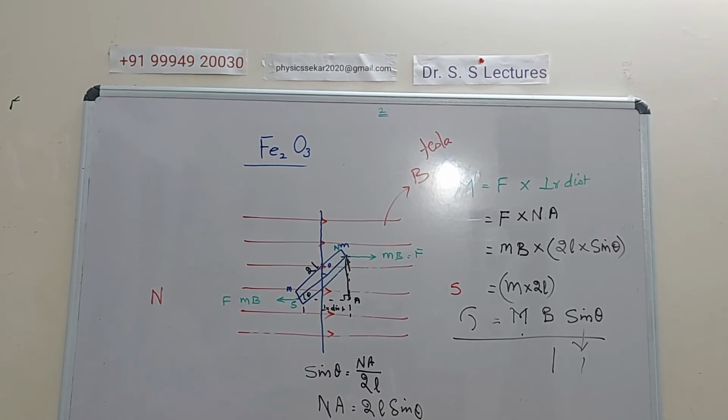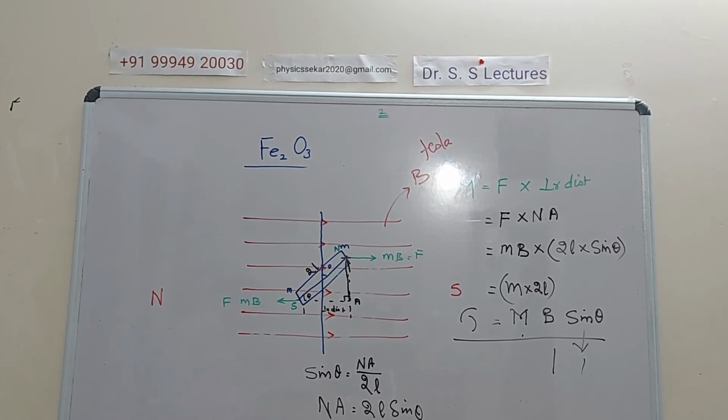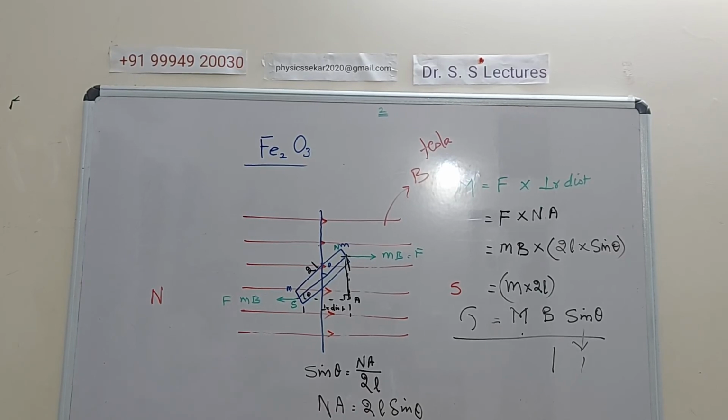How come 10 power minus 7? We find that 4 pi into 10 power minus 7, mu 0 by 4 pi is there. All these configurations are trying to provide these aspects. So try to remember, you should try to underline the units, definitions, etc.